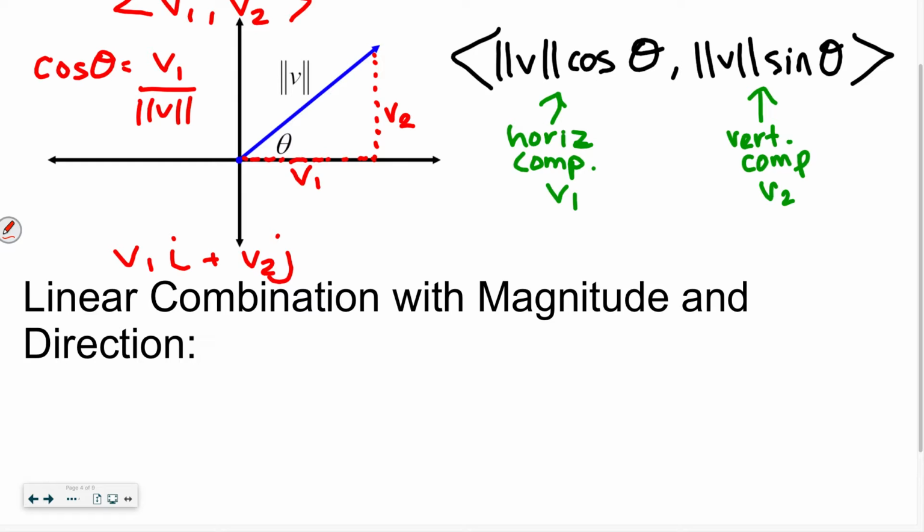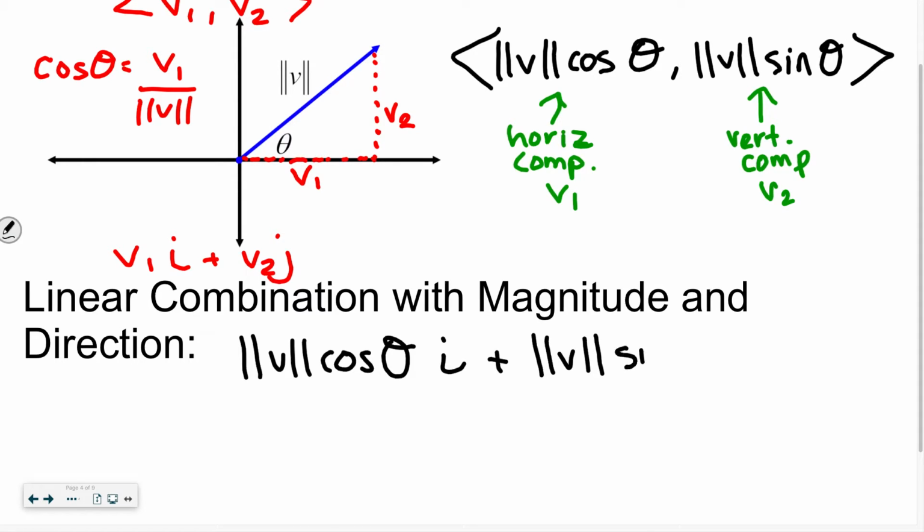And so we know v sub 1 is magnitude times cosine. So I could really just write this as the magnitude times cosine theta i plus magnitude times sine theta j.